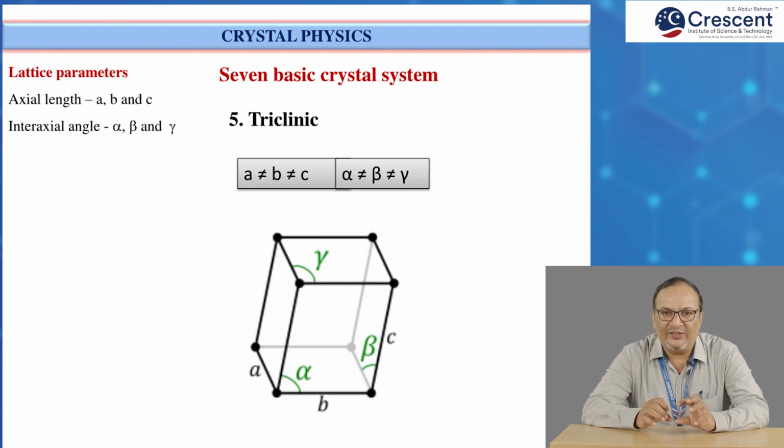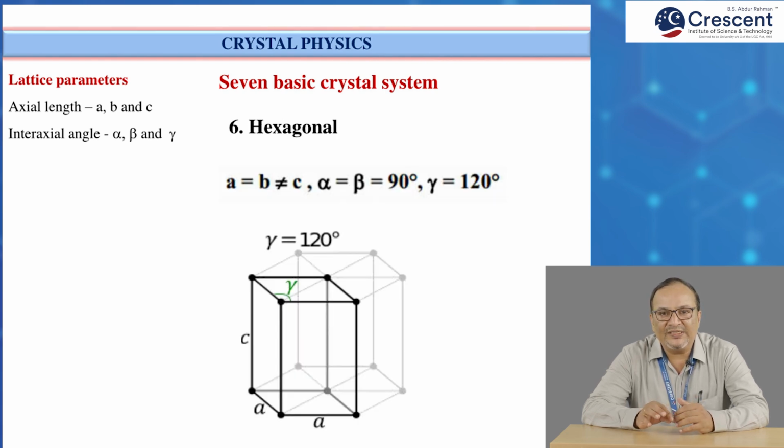And the next one is triclinic. The axial lengths or intercept values A, B, C are not equal to each other, and the interfacial angles alpha, beta, gamma are not equal to 90 and not equal to each other. Next one we see the hexagonal. Here A and B are equal, the axial length C is not equal to A and B, alpha and beta are exactly 90 degrees and gamma is exactly 120 degrees, which forms the hexagonal.